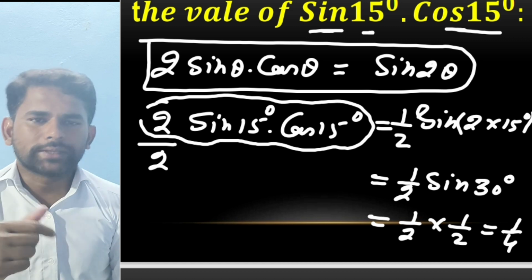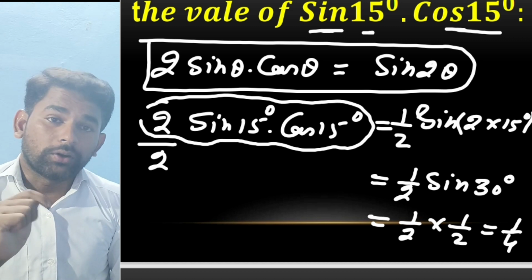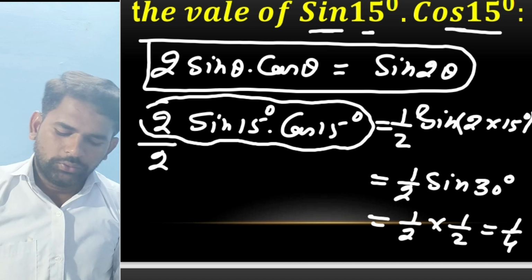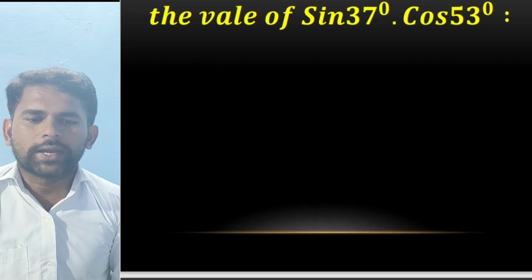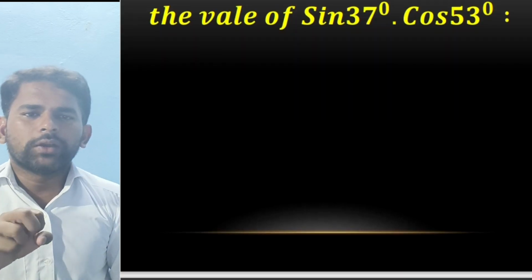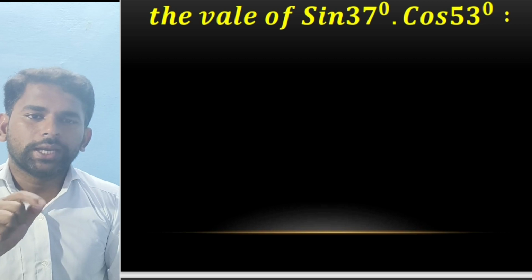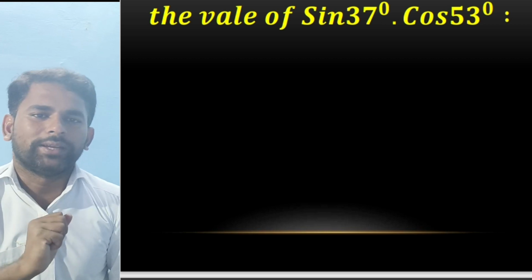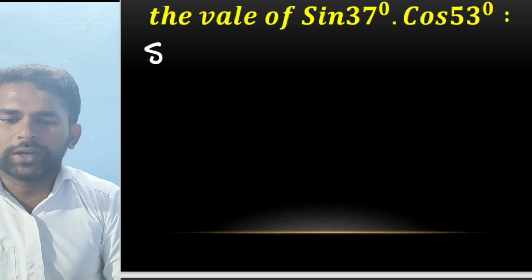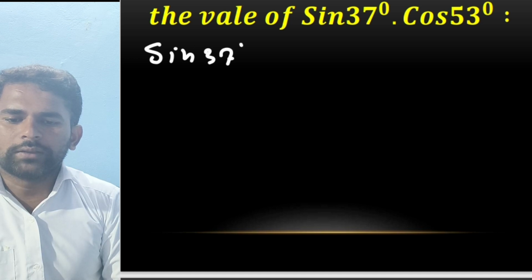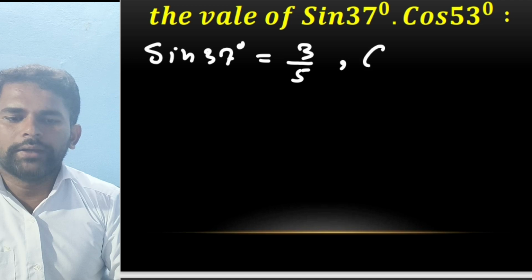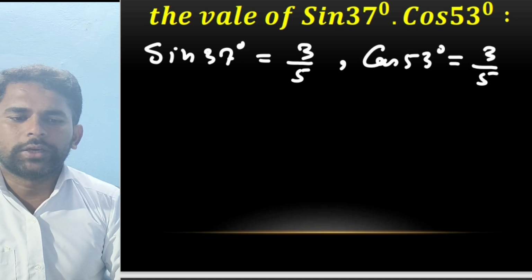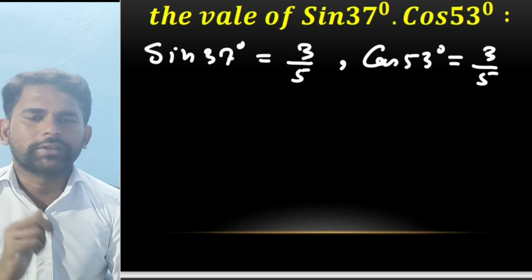Now you can see the next question on the screen. They are asking, what is the value of sine 37 degree into cos 53 degree? They have one specific value, because sin 37 degree is 3 upon 5 and cos 53 degree is also 3 upon 5, both having the same values.